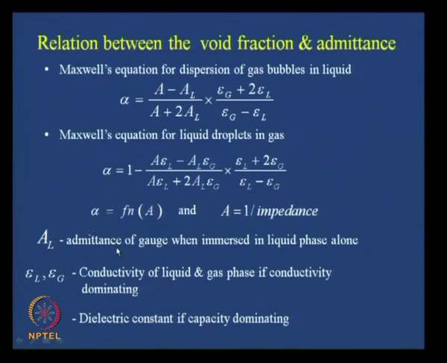So you can well understand that the only hitch in finding alpha from impedance is that we have to know the distribution of the two phases in order to find a relationship between alpha and admittance, or alpha and impedance.